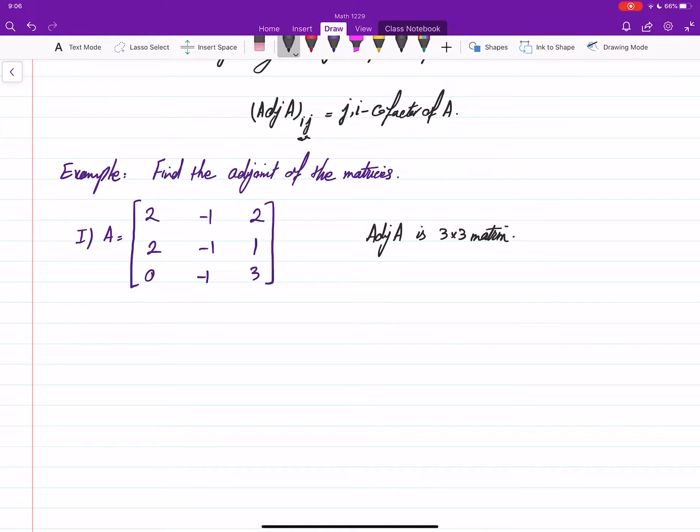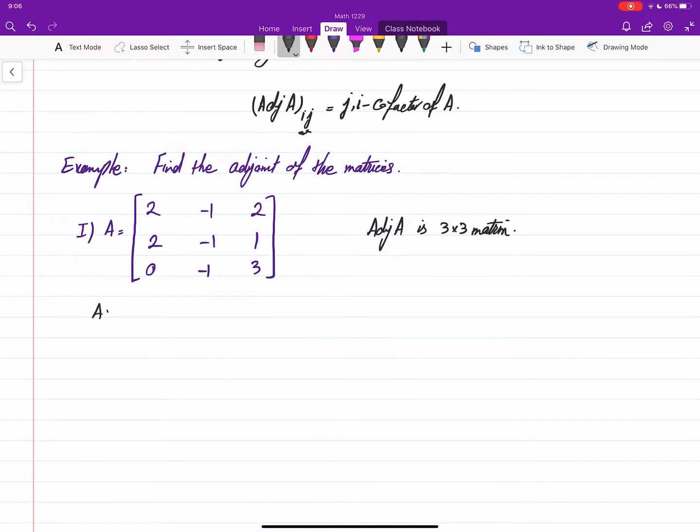So we need to find 9 entries. What are these 9 entries? Adjoint A, 1, 1. You have to find a 1, 1. And then adjoint A, 1, 2, adjoint A, 1, 3, and this will continue.